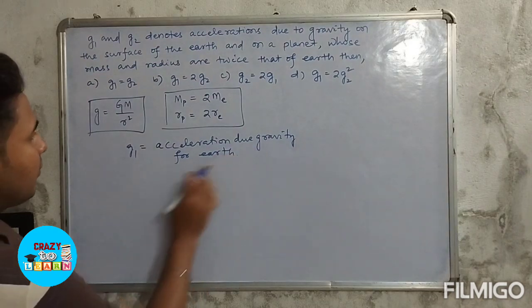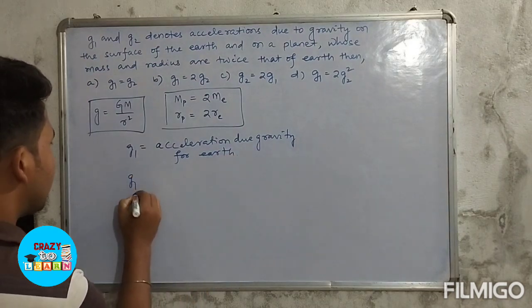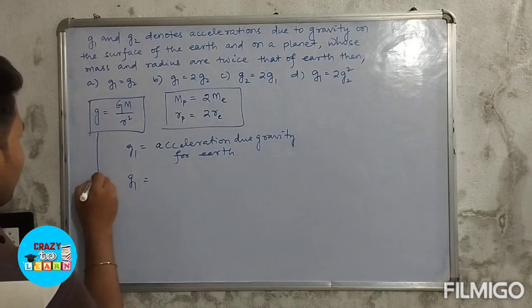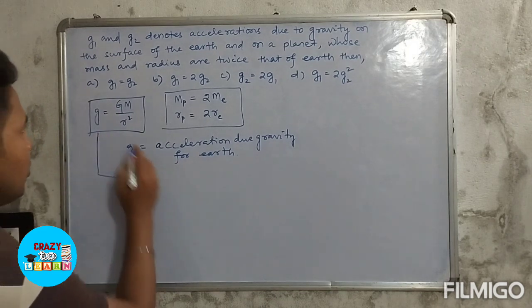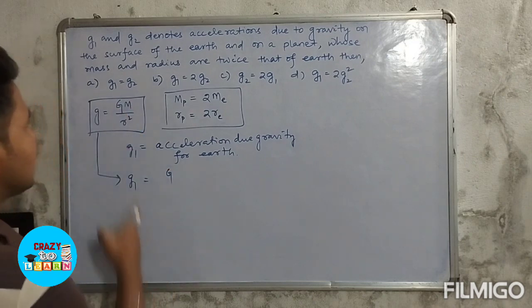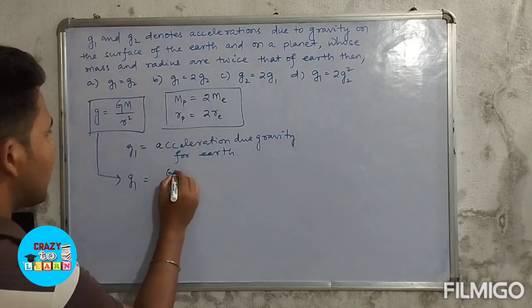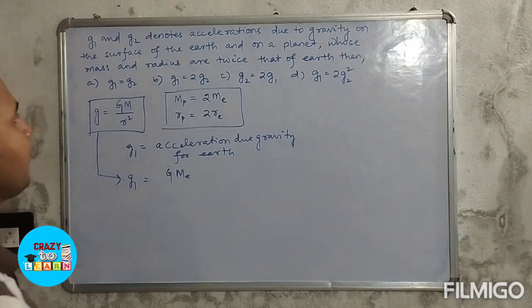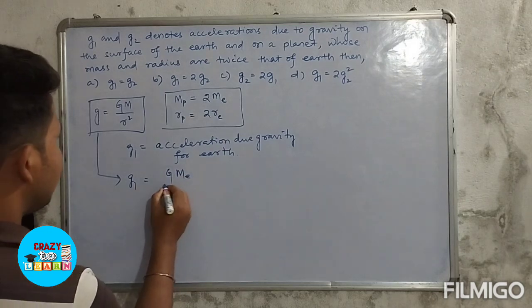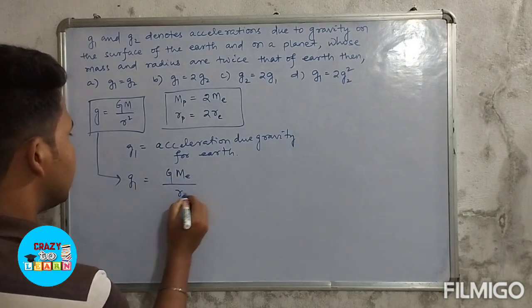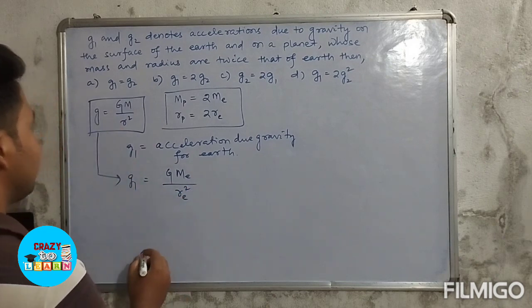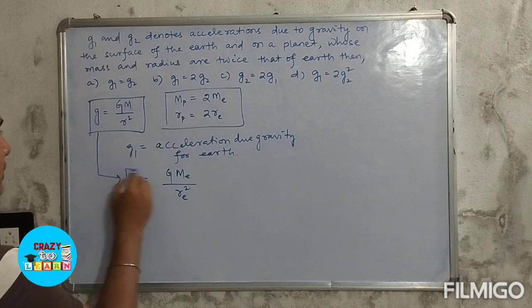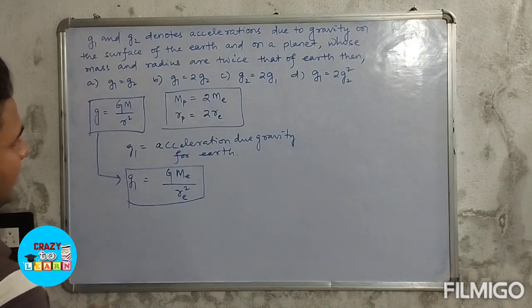So g1, according to the formula, small g1 is equal to capital G, the constant, for mass, what is the mass of the Earth? We will write Me, divided by radius of the Earth, Re square. Clear? So g1 is capital G Me by Re square.